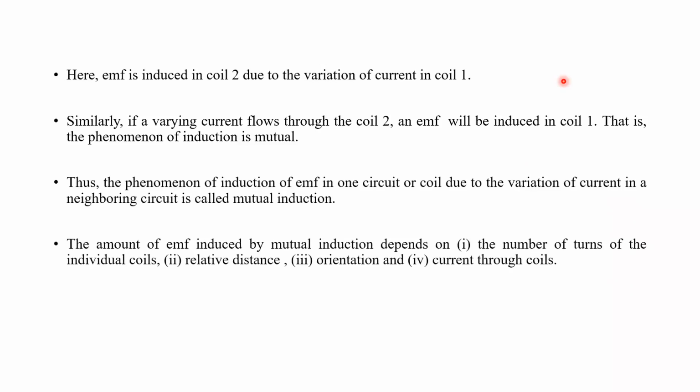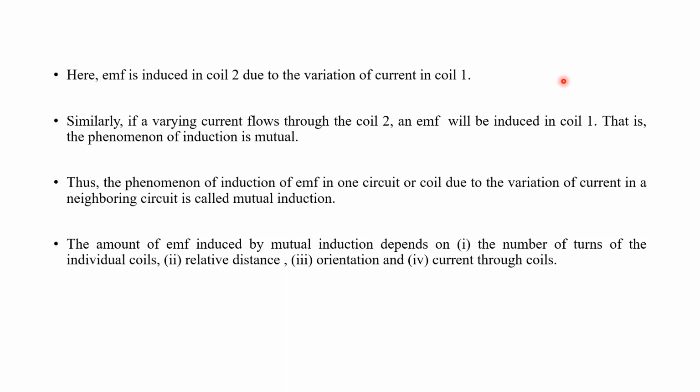Yes. Here, an EMF is induced in coil 2 due to the variation of current in coil 1. Similarly, if a varying current flows through coil 2, an EMF will be induced in coil 1. That is the phenomenon of mutual induction. Induction is mutual.